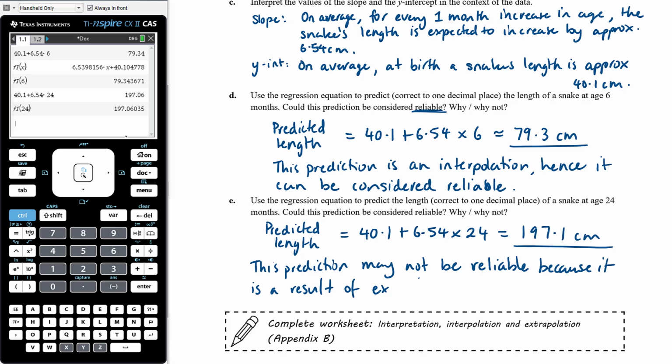Okay, so again, reliability, generally we're looking for you to use the word interpolation or extrapolation to draw a conclusion, and that's how we make use of our least squares regression line to make prediction.